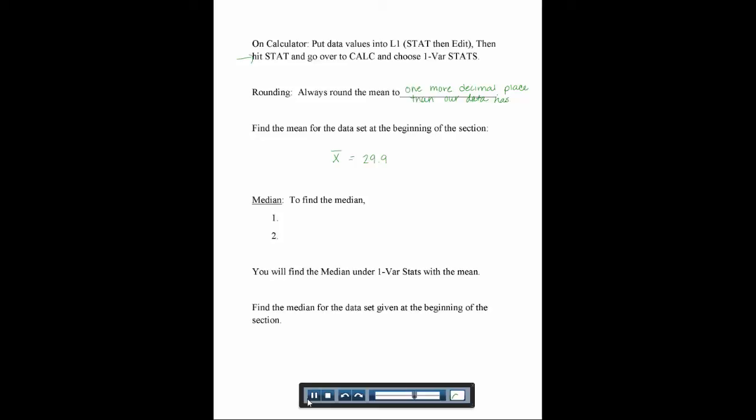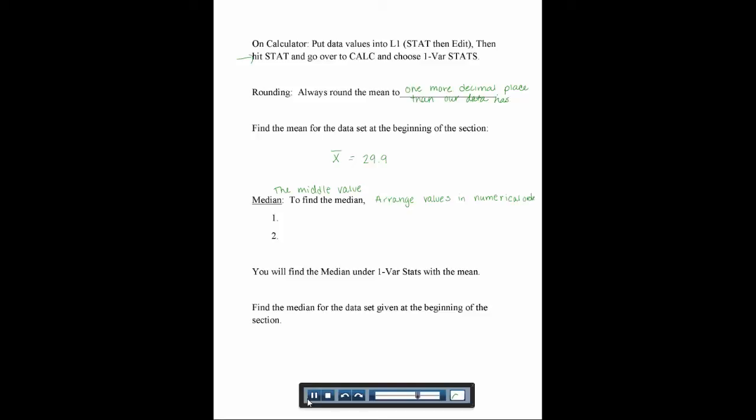Now to find the median. The median is the middle value, the exact middle value of the data set. To find this, the first thing we do is arrange the values in numerical order, if you want to do it by hand. The calculator will also do this for us.